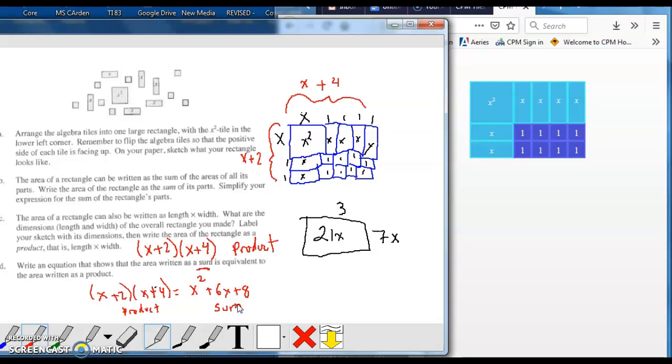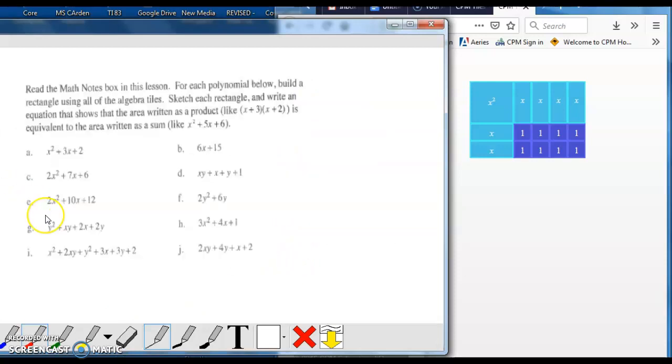All right. So what I want you to try to do, and again, I want you guys to pause the video, and I want you to try to sketch a rectangle. And again, you can use the rectangles and the algebra tiles over here to recreate some of these. Okay, some of these are going to be a little bit harder.